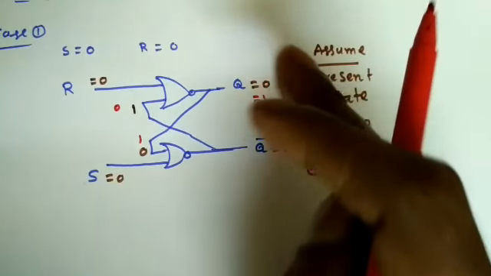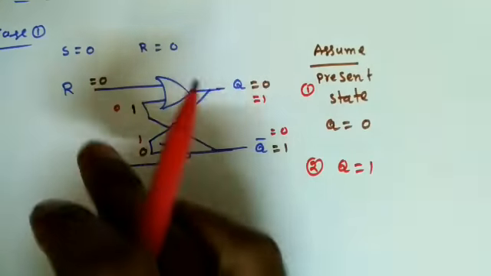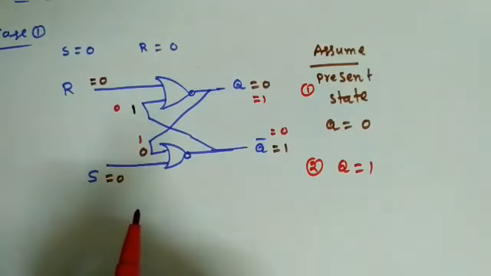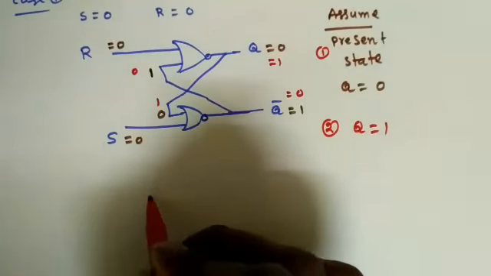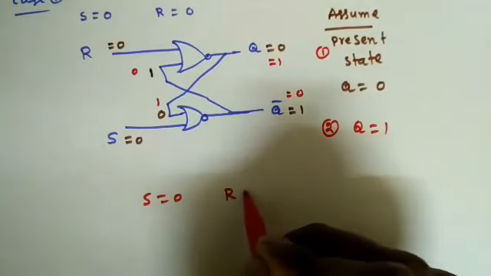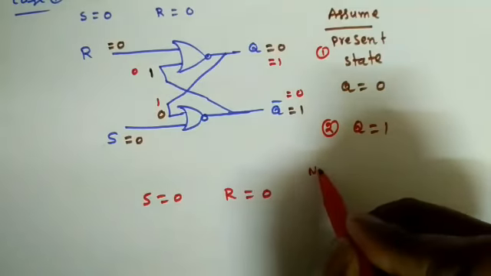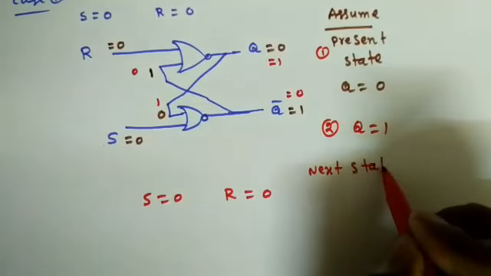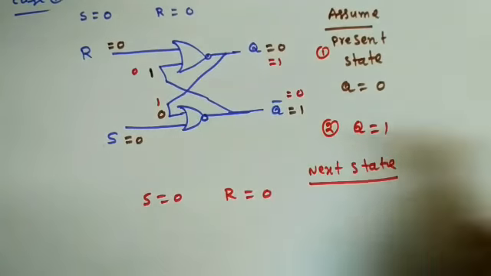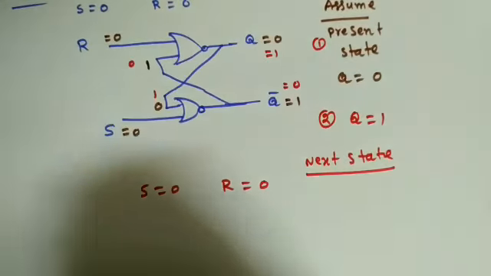So present state and the next state will be the same when we give S is equal to 0, R is equal to 0. So we can say this is the next state. What is the next state? Whatever we assume as the previous state, that is the one.